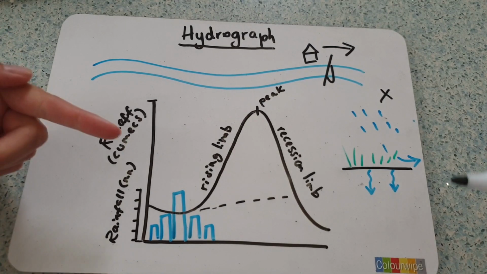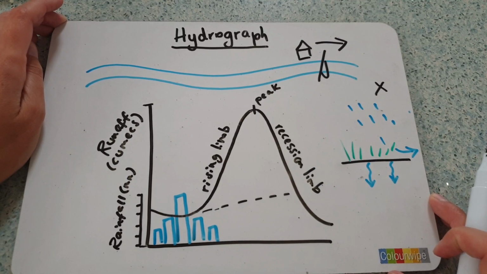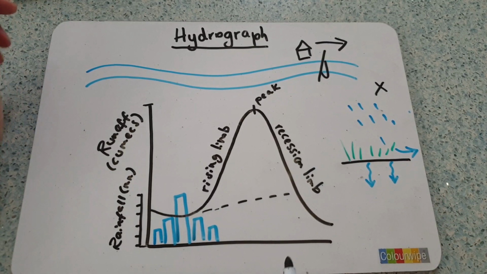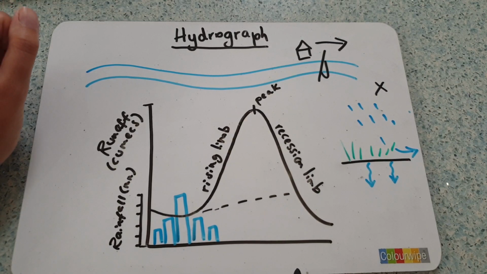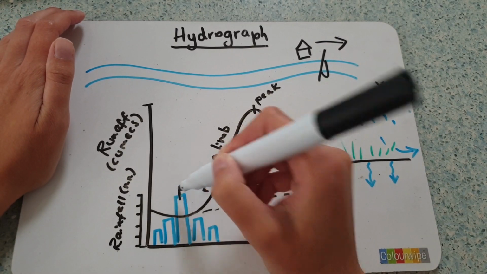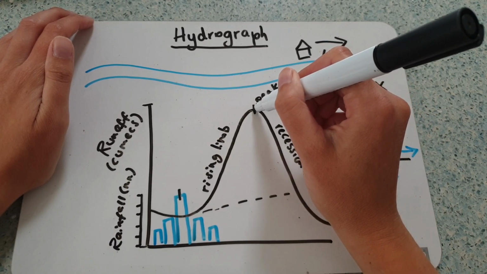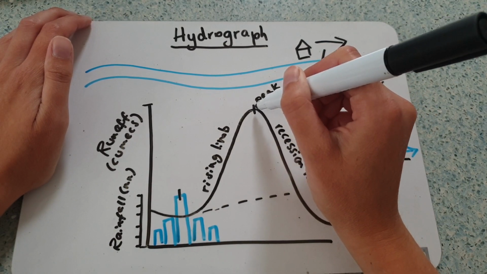The thing we often use a hydrograph for, the other thing that you'll see labelled onto your hydrograph, is we use it to calculate what's called a lag time, and that's really important to people who live near rivers. The lag time is the time taken from the peak rainfall to the time when we get to our peak river discharge.